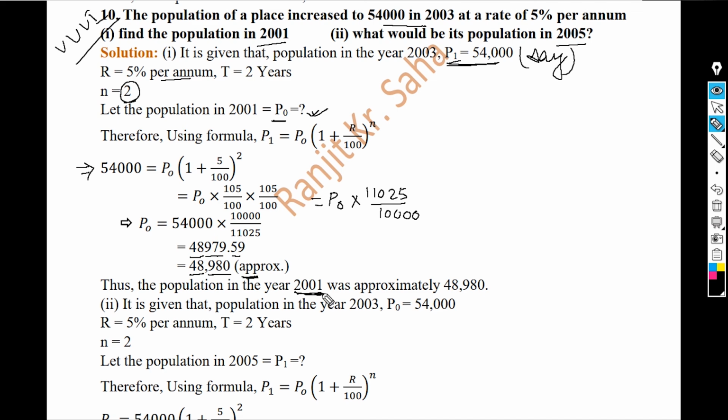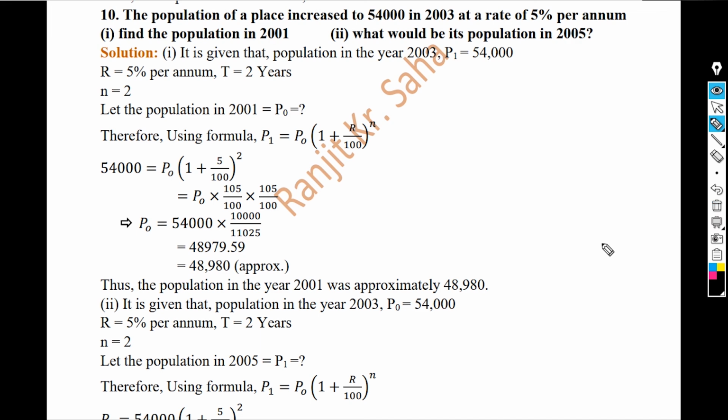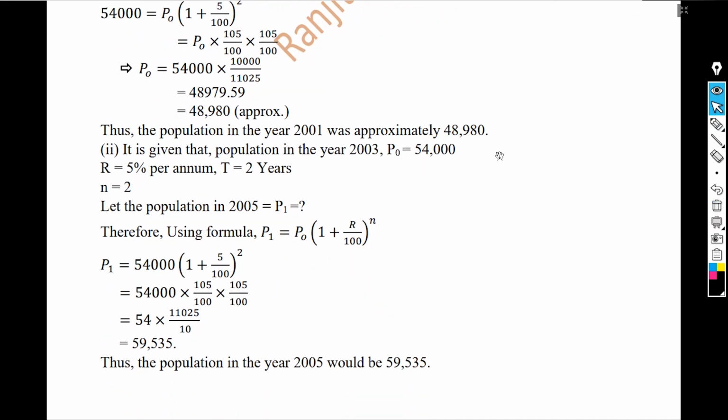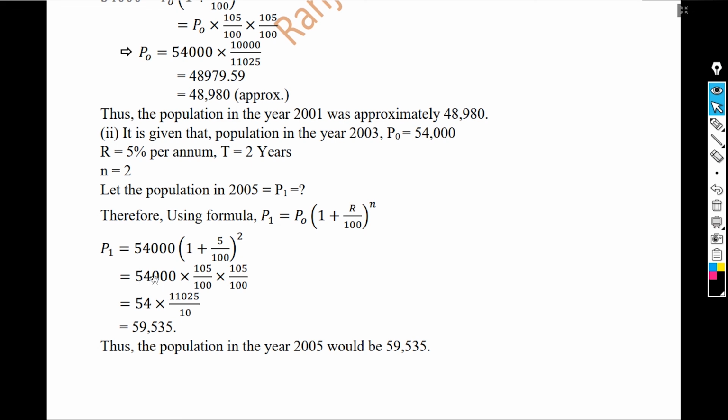Now, if the base population is the given population in the second case, and you have to find the population after 2 years, in 2005, then use the same formula here also. Using the same formula, put down the values. It is very simple: 54,000 into 105 into 105 by 100 into 100.